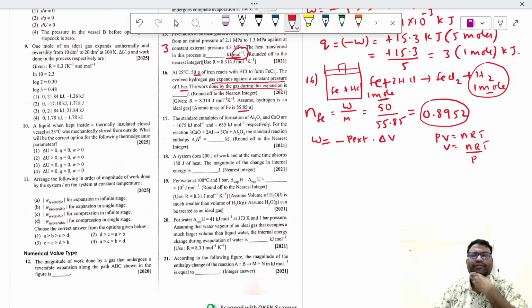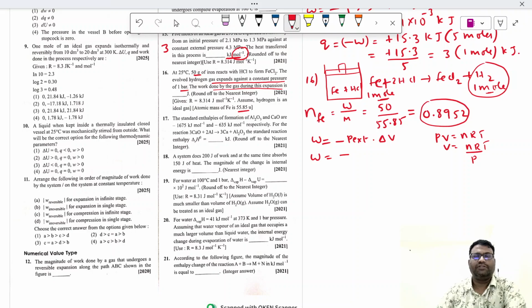So we have the number of moles, so directly P into V is equal to nRT. So that can also be W is equal to minus P into V, where P into V is equal to nRT.